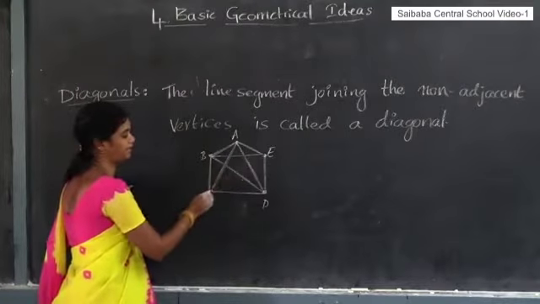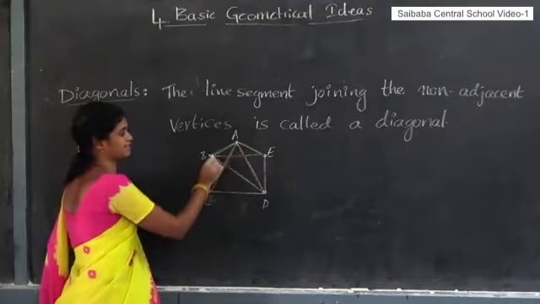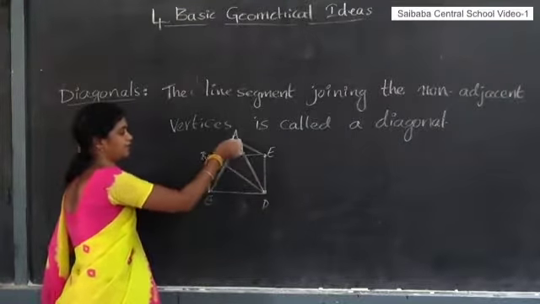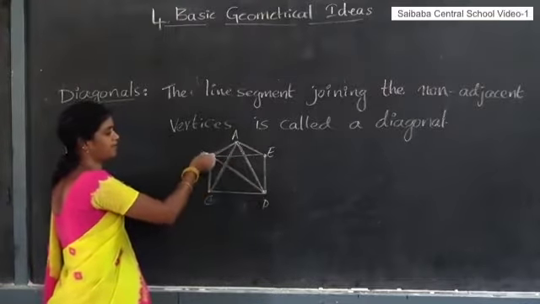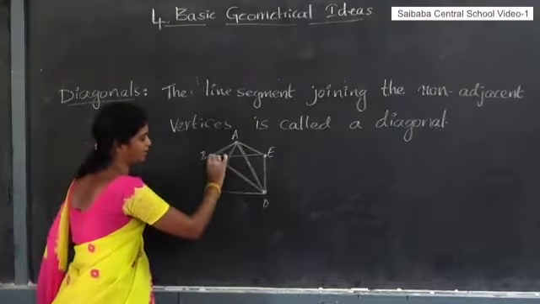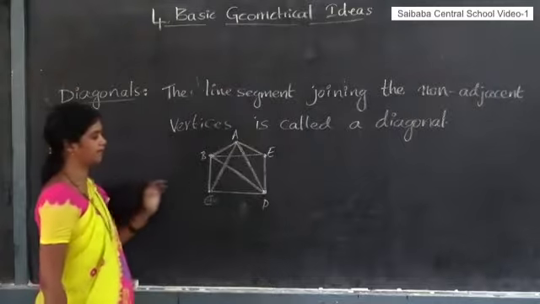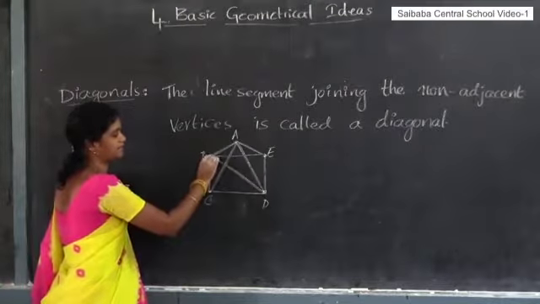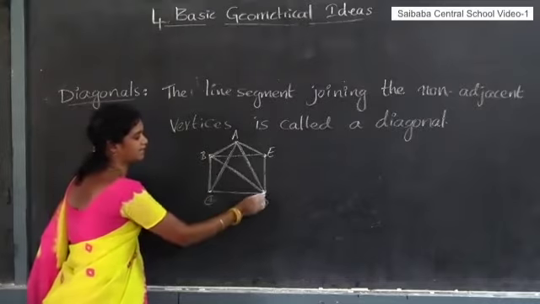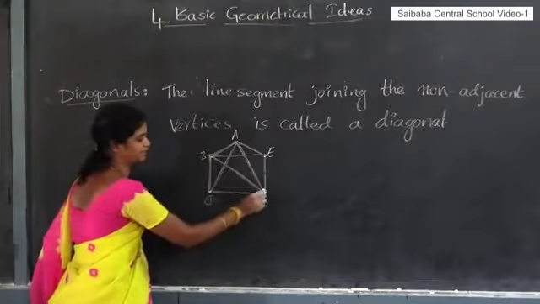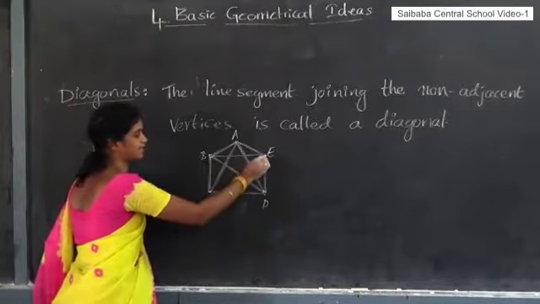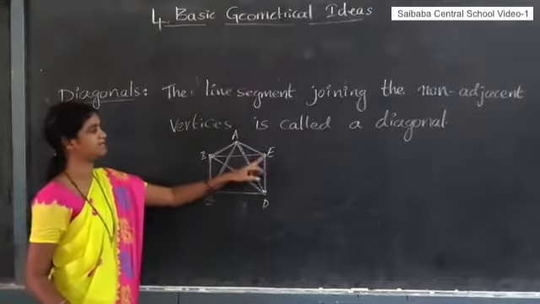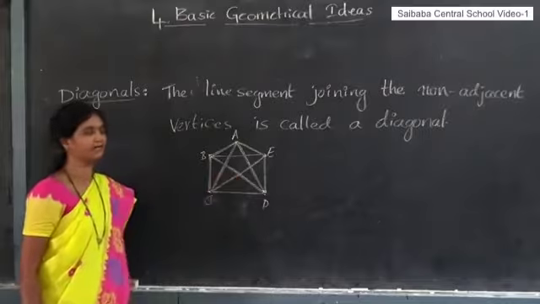The remaining two non-adjacent vertices are A and B, so if you join D to A and D to B, these are again diagonals. From C, B and D are adjacent vertices. The non-adjacent vertex is E. If you join E with C, CE is one more diagonal.